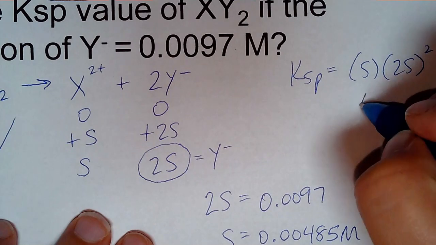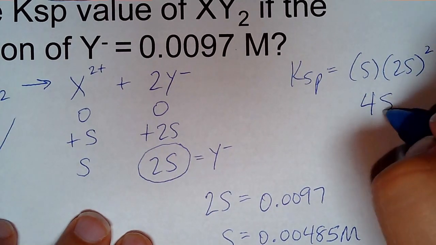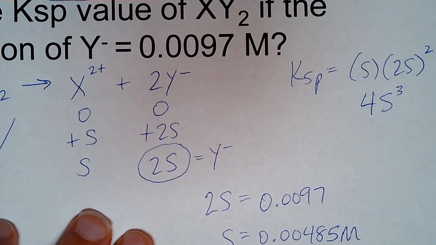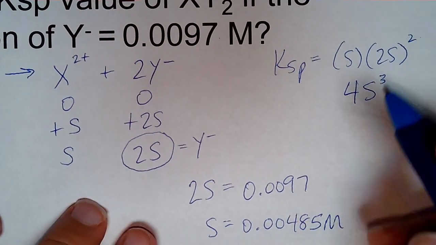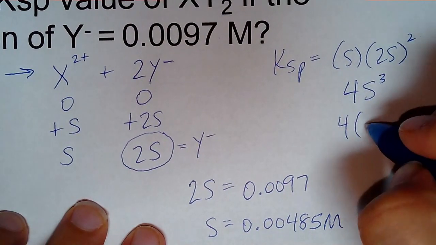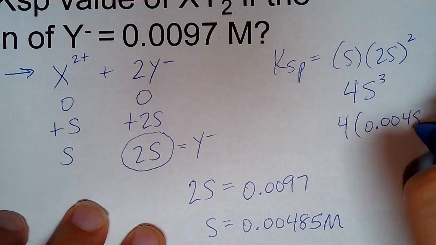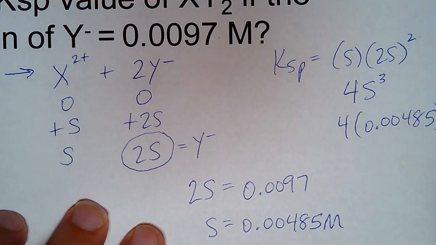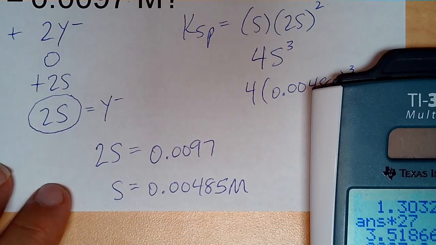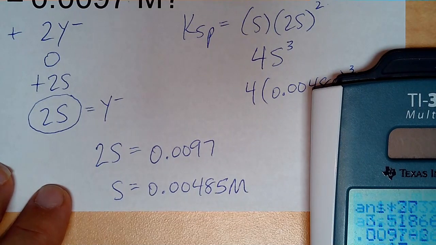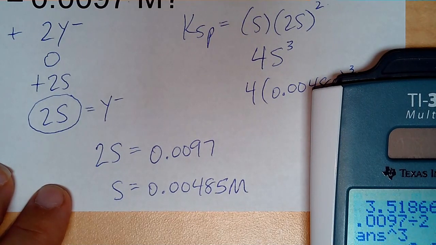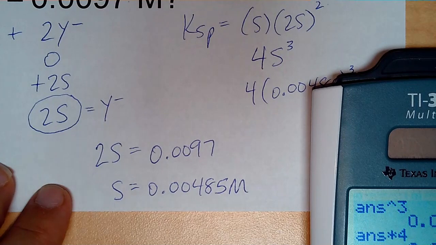And now we're going to fill in S. So 4 times 0.00485 cubed gives 4.56 times 10 to the minus 7.